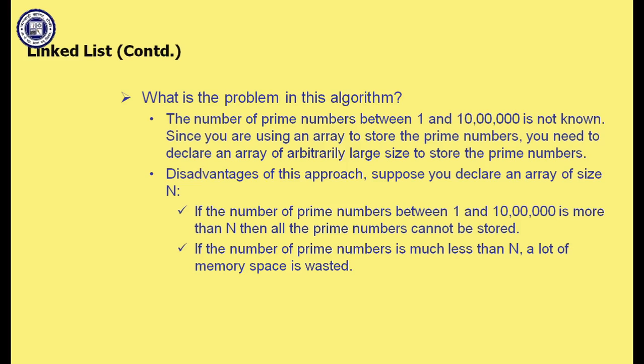What would be the disadvantage of this approach? The first one, if the number of prime numbers between 1 and 10 lakh is more than n, then all the prime numbers cannot be stored. Similarly, if the number of prime numbers is much lesser than n, then a lot of memory space will be wasted.